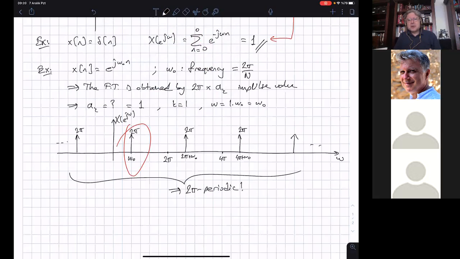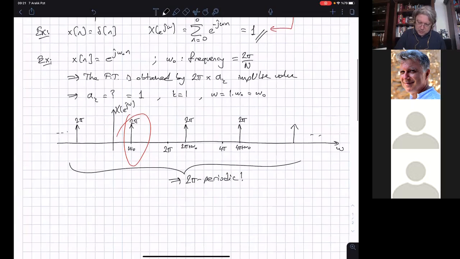So the original distinct capital N discrete time Fourier series coefficients are, you can think of it like between 0 and 2 pi, or between minus pi and pi, you find them, you insert them, you make them first as impulses, and then you start repeating them to make everything 2 pi periodic. That's the methodology that you may apply.